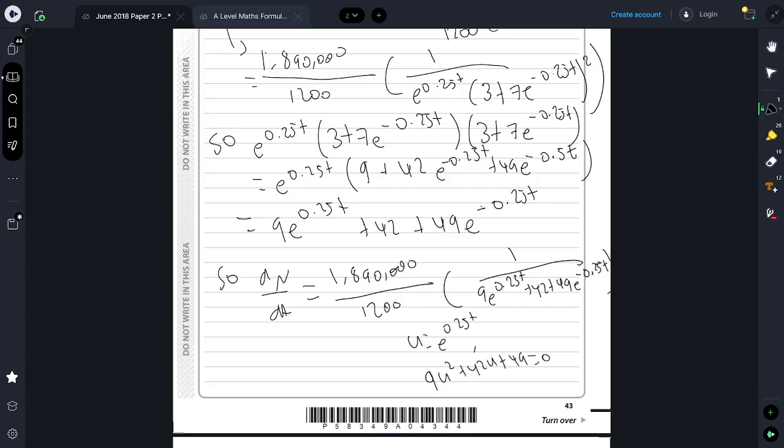Check this, right? If you times this by e to the 0.25t, this will get the quadratic. That's an exercise, I guess, to check. So you're left with 9, 42, and 49. Oh, it does simplify quite nicely, actually.